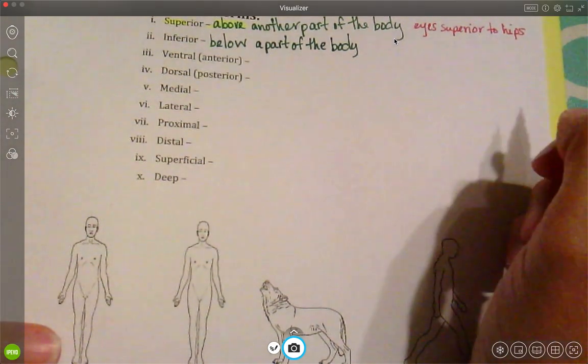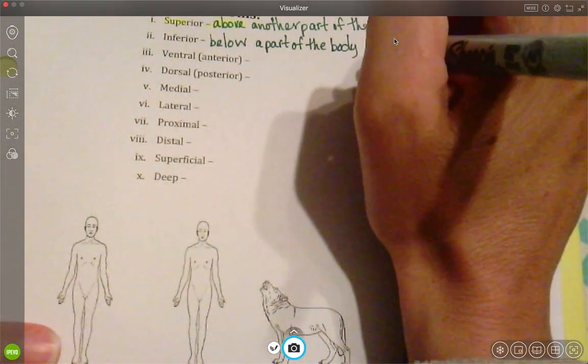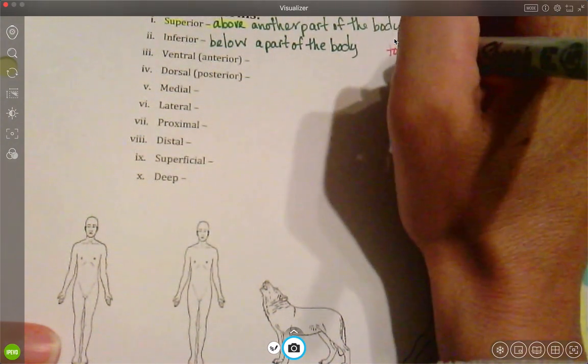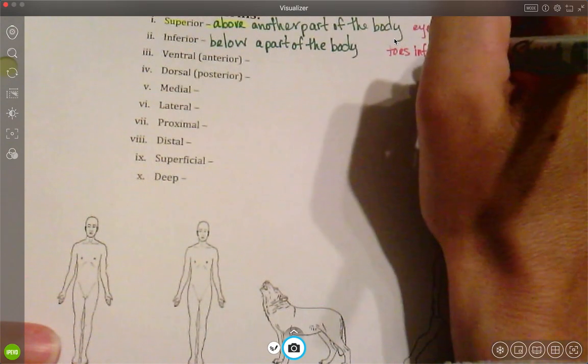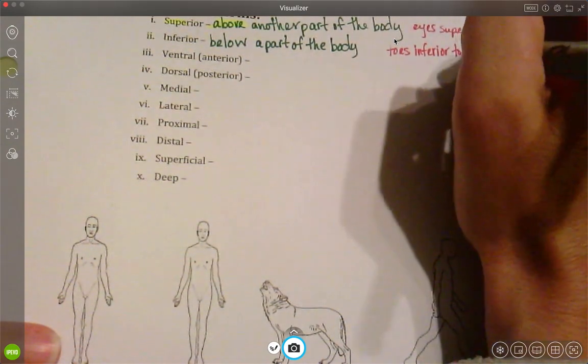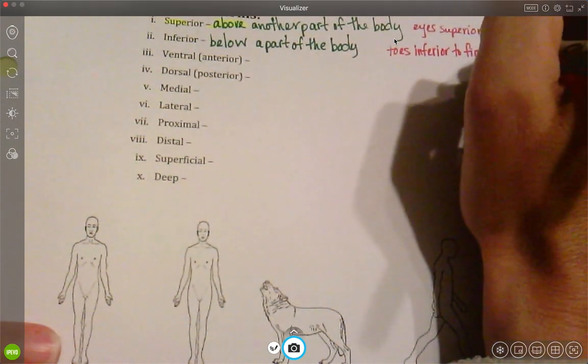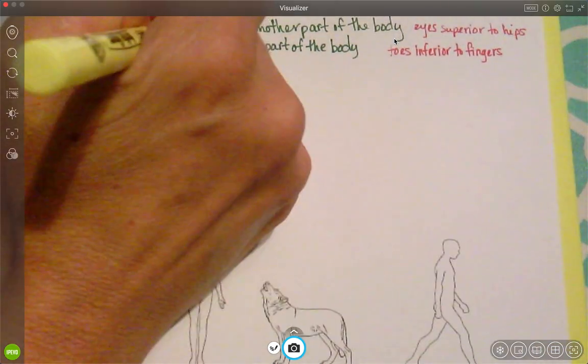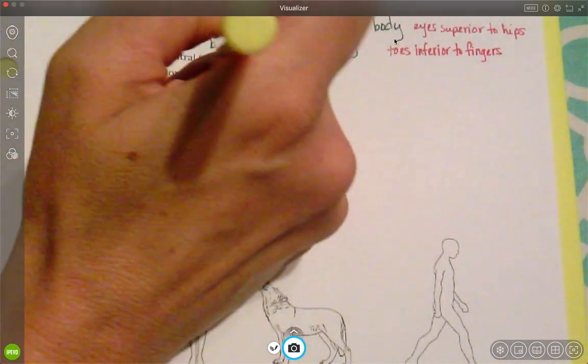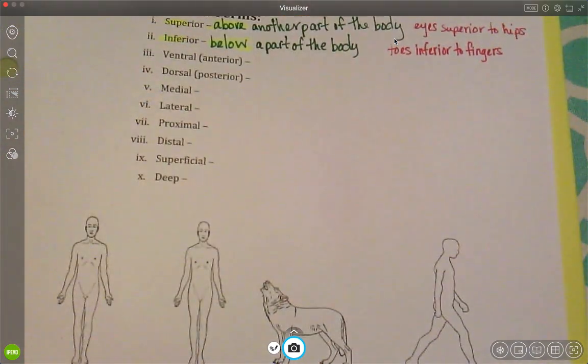So we would say toes are inferior to the fingers. The toes are below the fingers. So infer med-term means below.